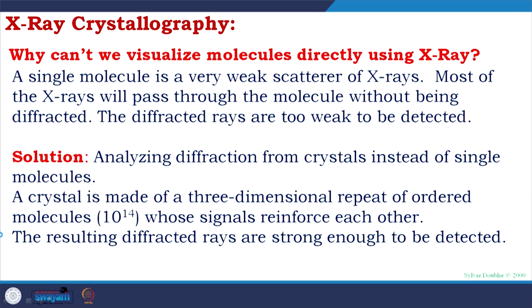The resulting diffracted rays are strong enough to be detected. So, if you compare, forget about X-ray, one molecule and 10 to the power 14 molecules, you could easily get your answer. The 10 to the power 14 molecules are a much better scatterer. So, the signal would be enhanced by a very significant amount compared to a single molecule, and that is where the success of X-ray crystallography is hidden.